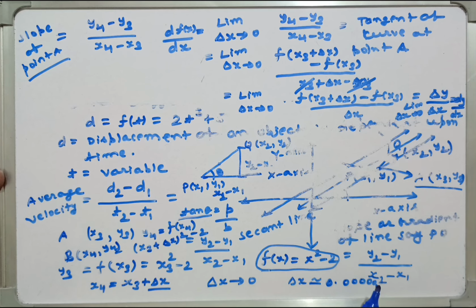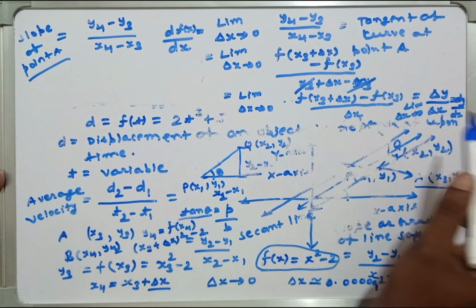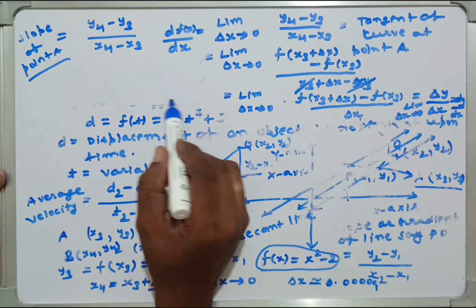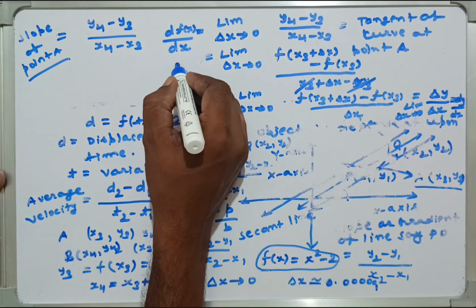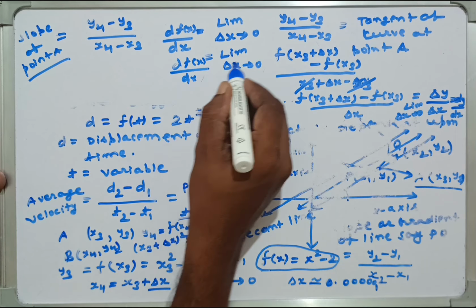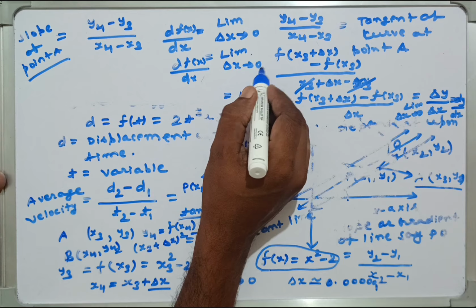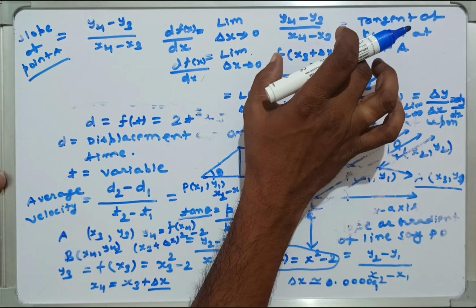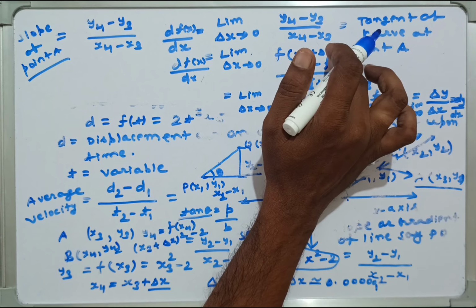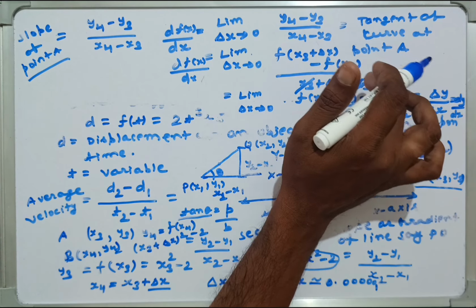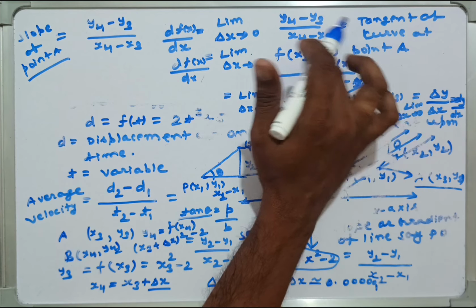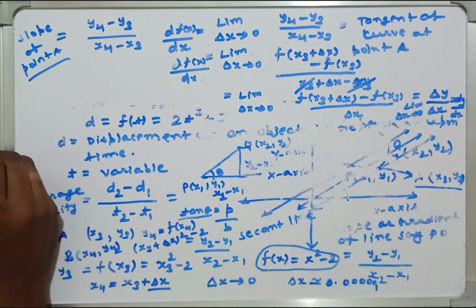Because in mathematics, when you write any function like this, df(x) by dx is the limit delta x tending to 0 of f(x3 plus delta x) minus f(x3) divided by delta x, so this is known as the derivative.